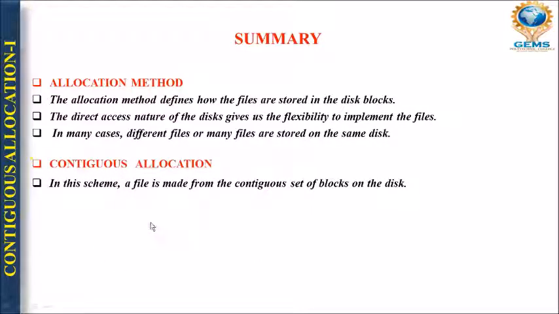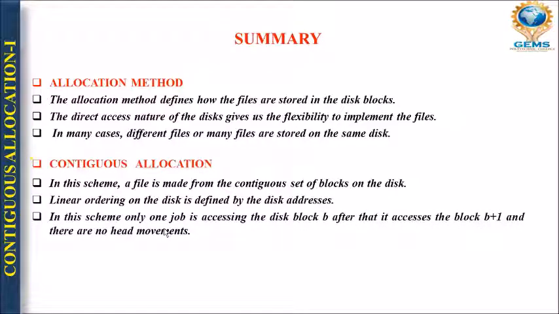So in this scheme, while talking about contiguous allocation, we have a set of contiguous blocks of the disk. Linear ordering means the blocks are accessed for storing a file in sequential order. That is known as linear ordering.